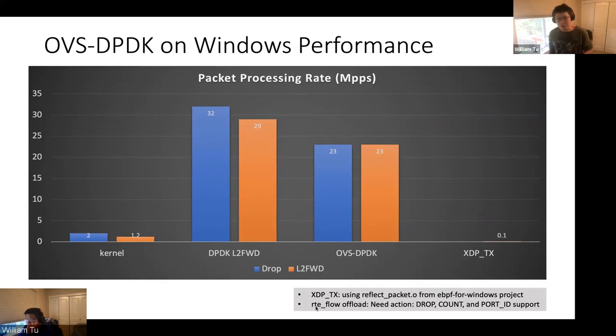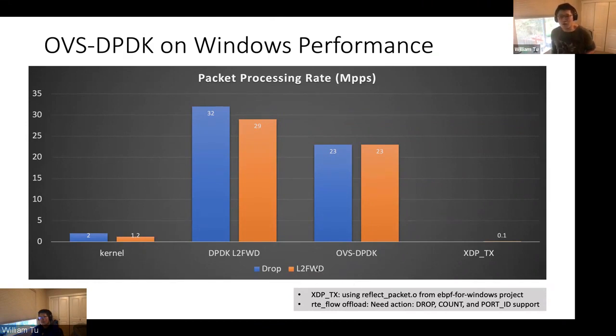And for the RTE flow case, I found that it doesn't work for both drop and L2 forward, because when I program drop, OVS tries to convert the action to count and drop. So count is for statistics and then drop the packet.